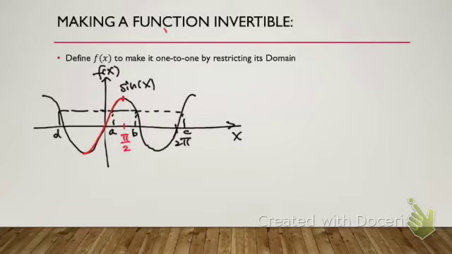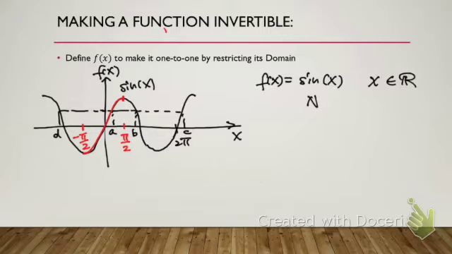Sine of pi over 2 is equal to 1, and this would be my negative pi over 2. So if I redefine my sine function, if f of x is equal to sine of x for all real numbers, then this is not invertible.